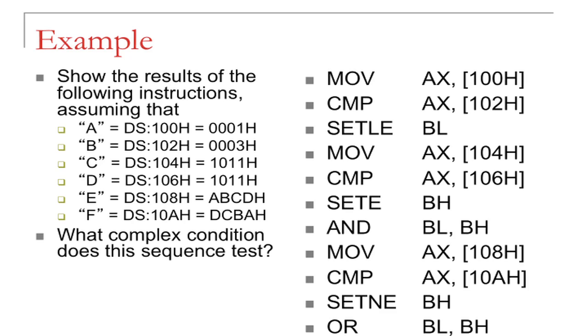Because this BL right here, this AND operation, will tell you the combination of these first two conditions. And this BH will tell you this third condition checking, whether it's equal or not. And then eventually this OR will combine these two groups.